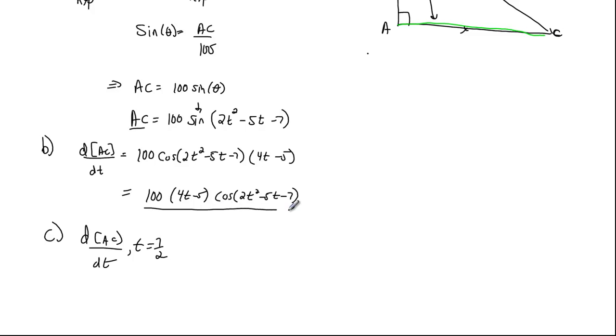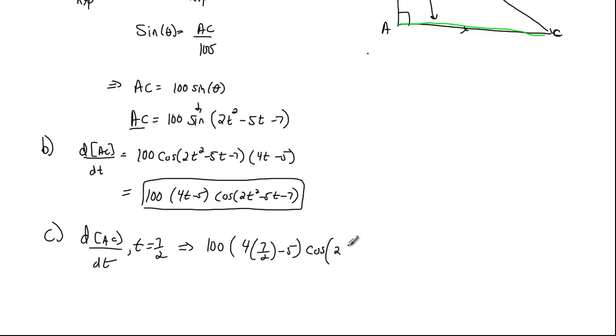Therefore, everywhere in this derivative that we see a t, we plug in 7/2. So we're going to have 100 times 4 times 7 over 2 minus 5, times cosine of 2 times 7 over 2 squared minus 5 times 7 over 2 minus 7.